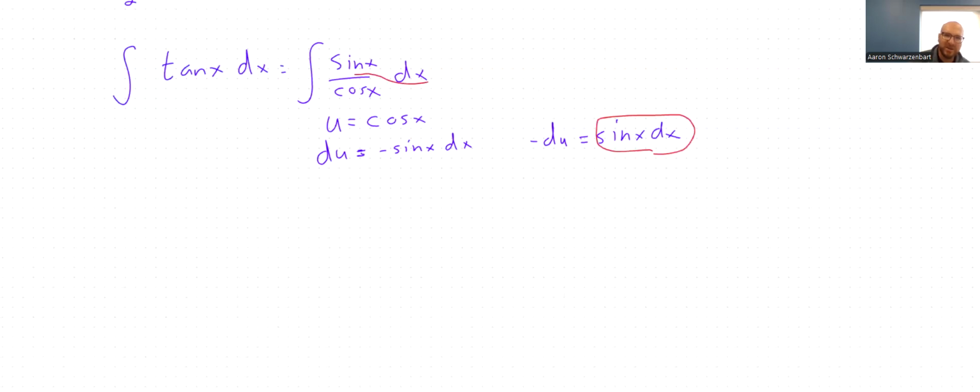This is all multiplied, so it all goes together. When I substitute, I get negative du over u, or negative 1 over u du. Same thing. Those are equivalent.